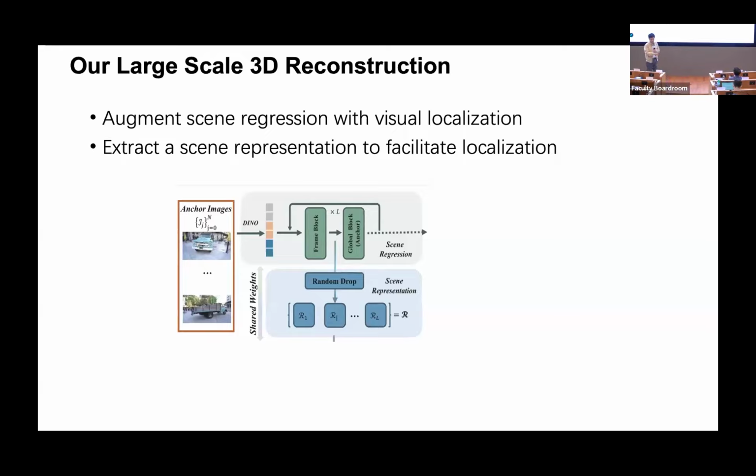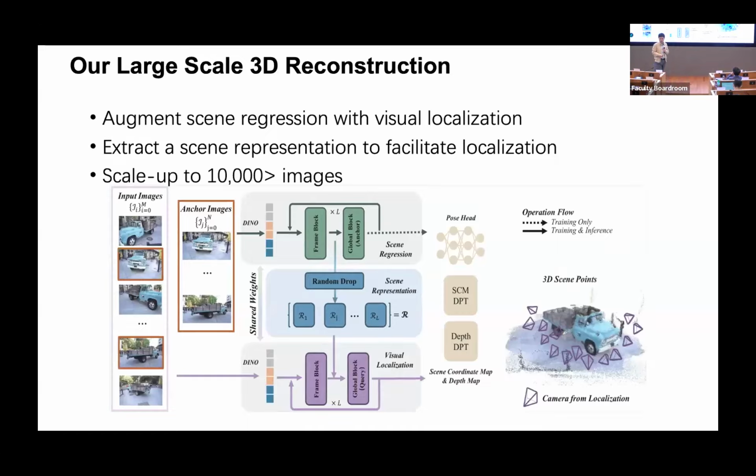Once we have that, we can perform localization on all the other images. In that way, it helps the system scale up very easily to more than 10,000 images and maybe even more.